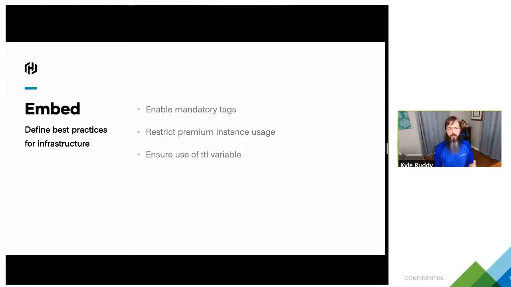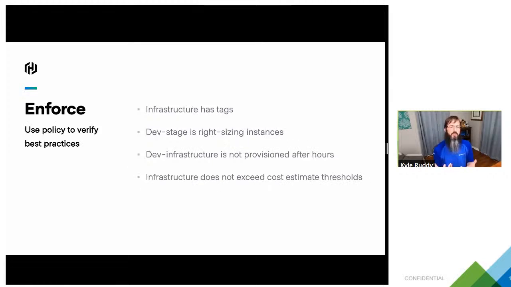Things such as enabling tags, or restricting who can use a certain particular instance type, and ensuring that there are time to live variables, making sure that some of those resources that have been deployed don't live well beyond their necessary time frame.